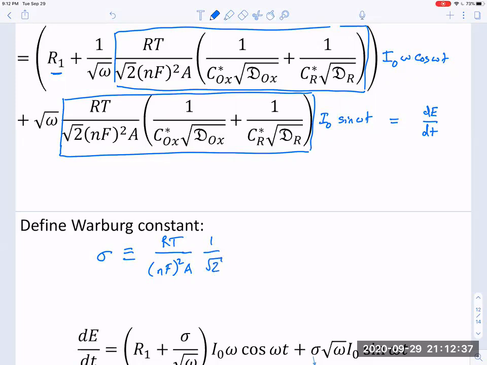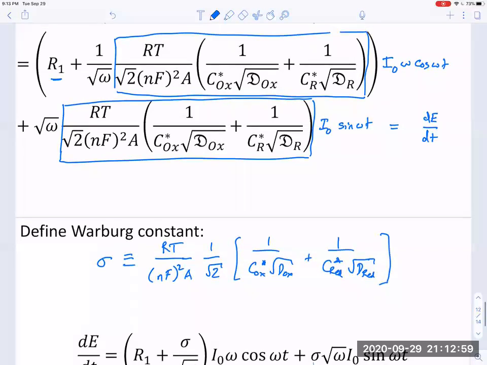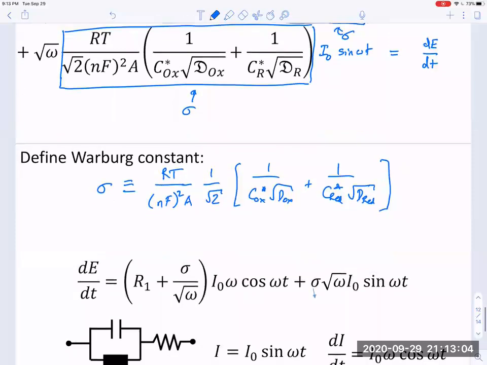Times 1 over the square root of 2, and then 1 over the bulk concentration of the oxidized species times the square root of its diffusion coefficient, plus 1 over the bulk concentration of our reduced species times the square root of its diffusion coefficient. So this is the Warburg constant. This is here and here. Greatly simplifies things.